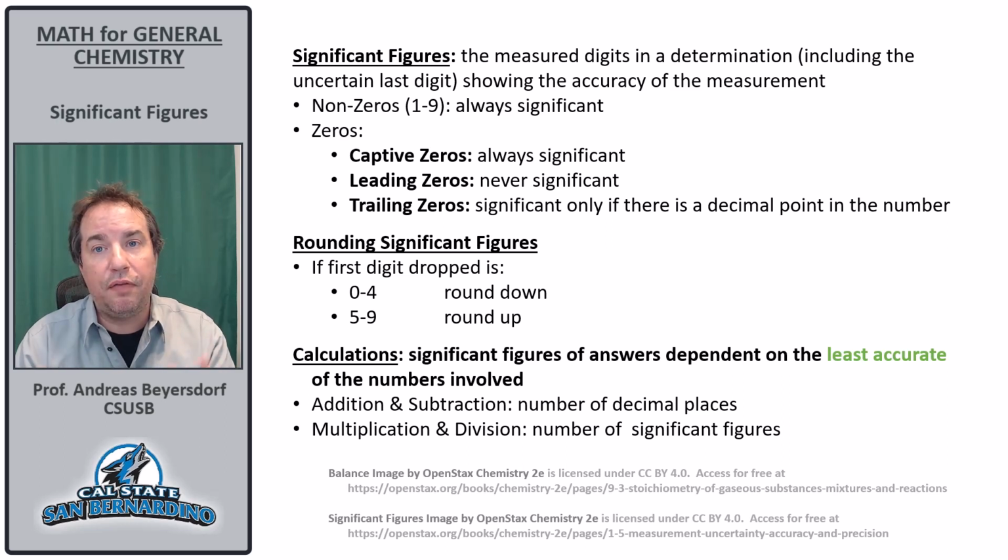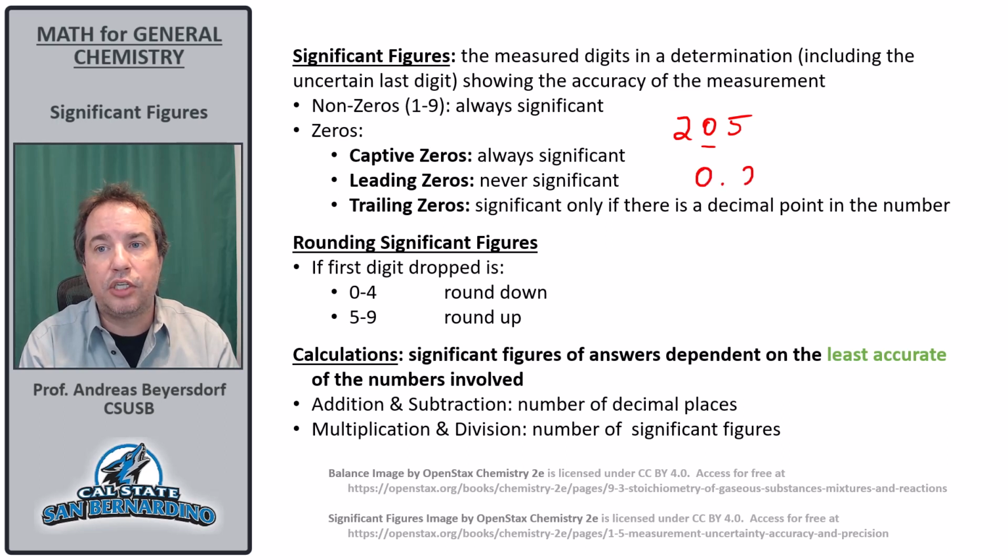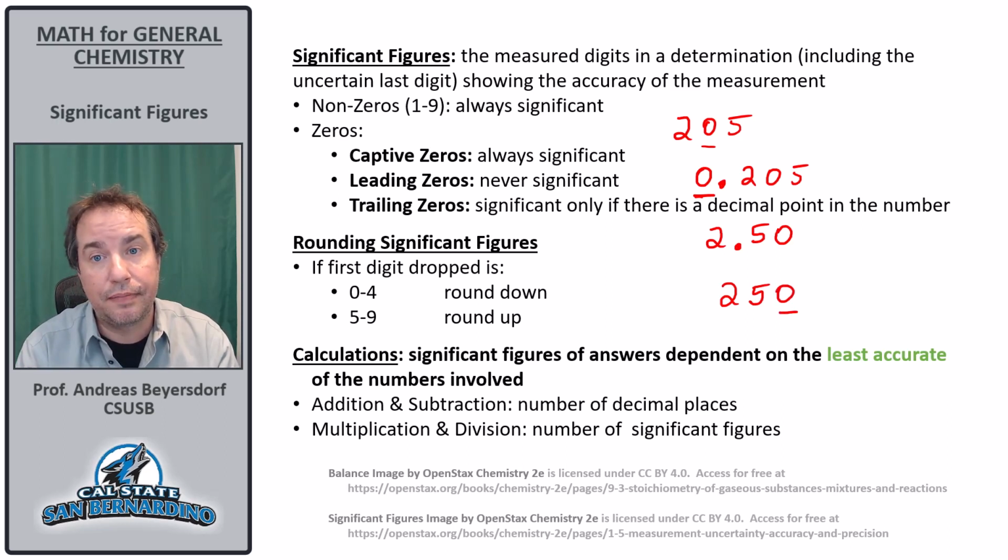If they're captive, such as 205, they're always significant. If they're leading, such as 0.205, this 0 is not significant. And if they're trailing, like 2.50, if they have a decimal point, they're significant. But if there's not, this 0 here is not significant.